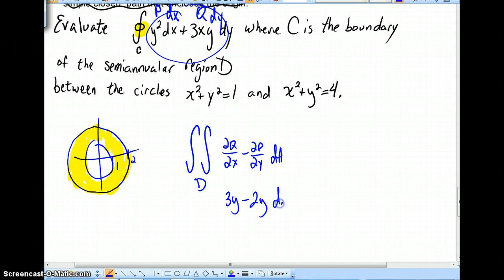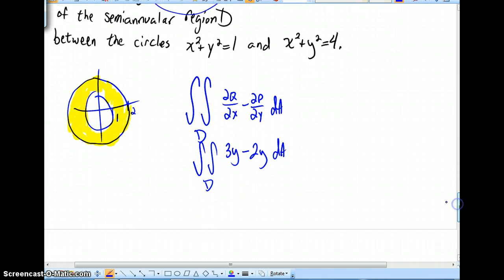And very quickly, I hope you can see that this double integral could be done considerably more quickly if we did this in polar. And that can happen quite often. Polar is definitely the way to go because y is equal to r sine of theta.